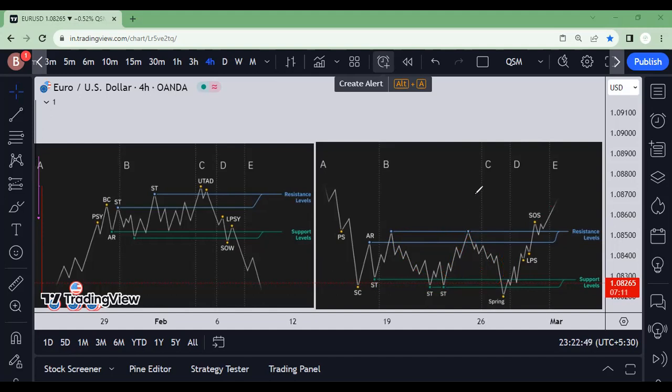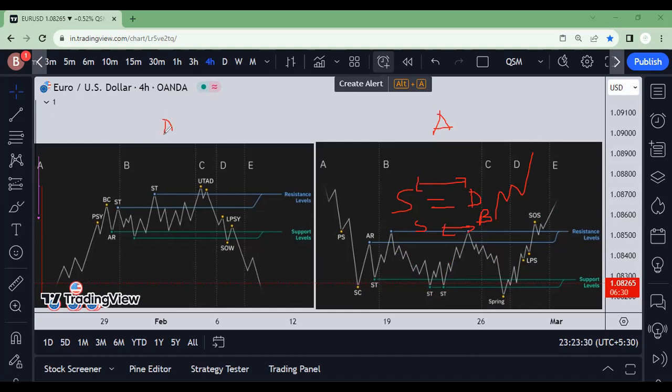But at the end of the day, what I have taken out of these concepts, if I consider this to be an accumulation, for me it is simple. When supply is getting converted into demand, there is a change of hands between sellers and buyers. Whenever this kind of thing occurs, price goes upwards.